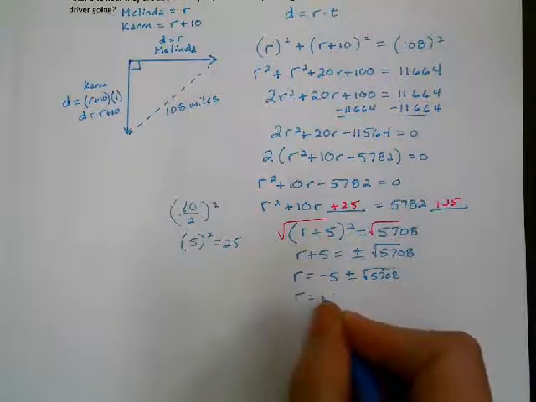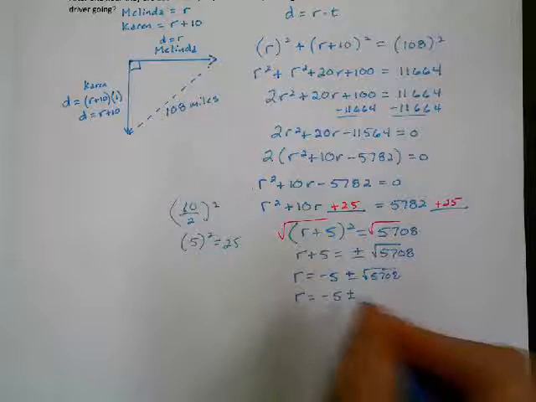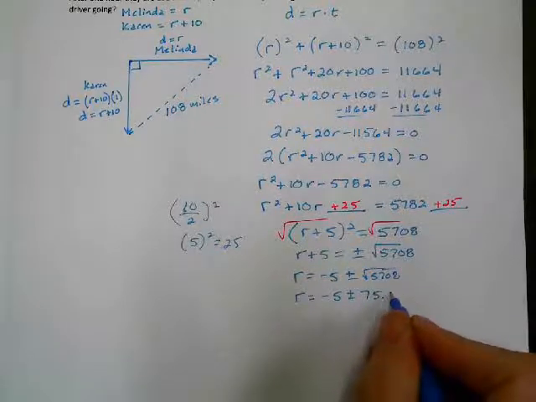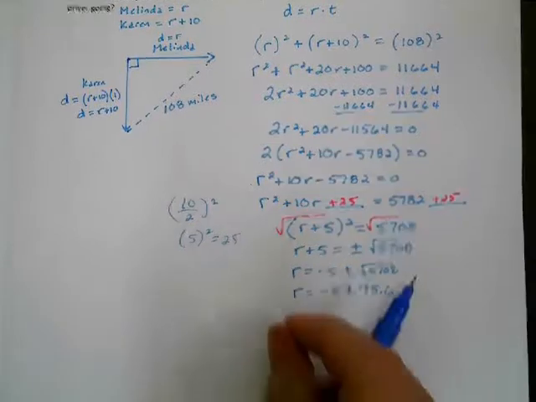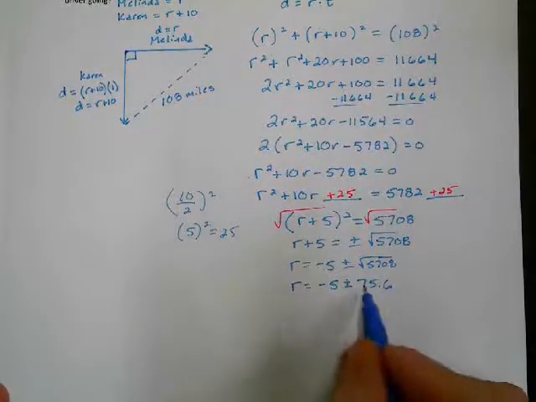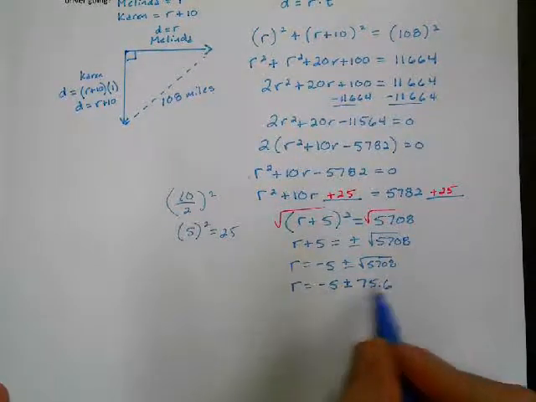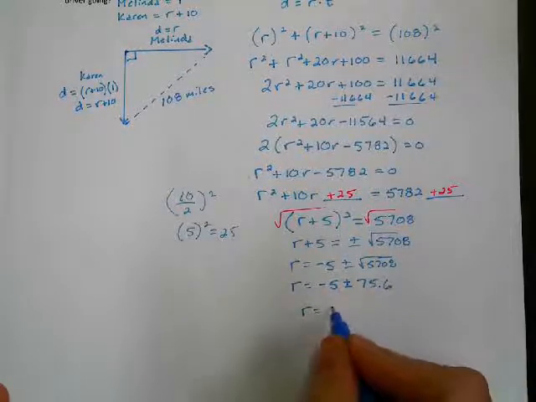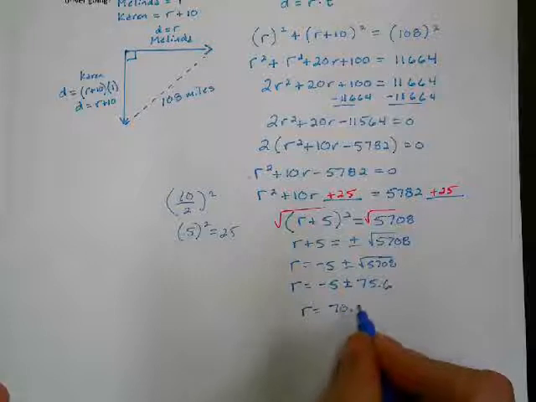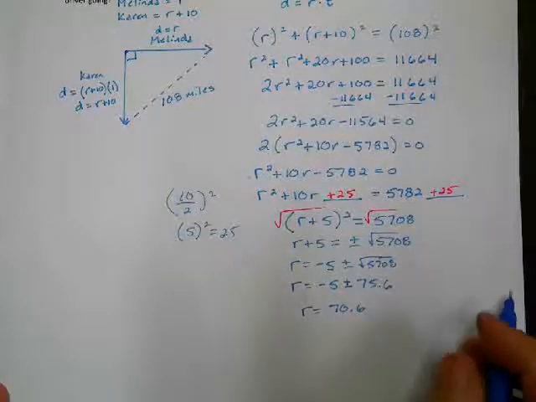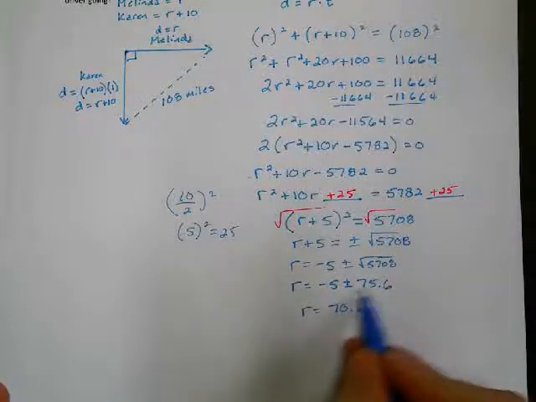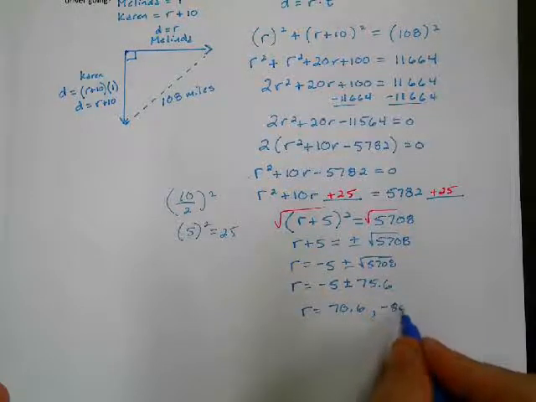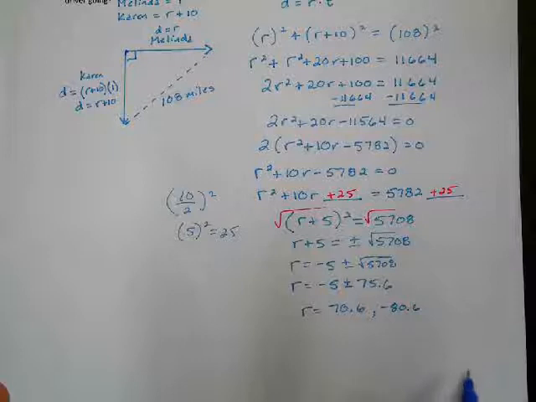Now at this point, I get two answers. Negative 5 plus 75.6 would give me 70.6. My other answer is negative 5 minus 75.6, which would give me negative 80.6. Now, it's impossible that they would be going a rate of negative 80.6 miles per hour. So let's not even look at that answer.